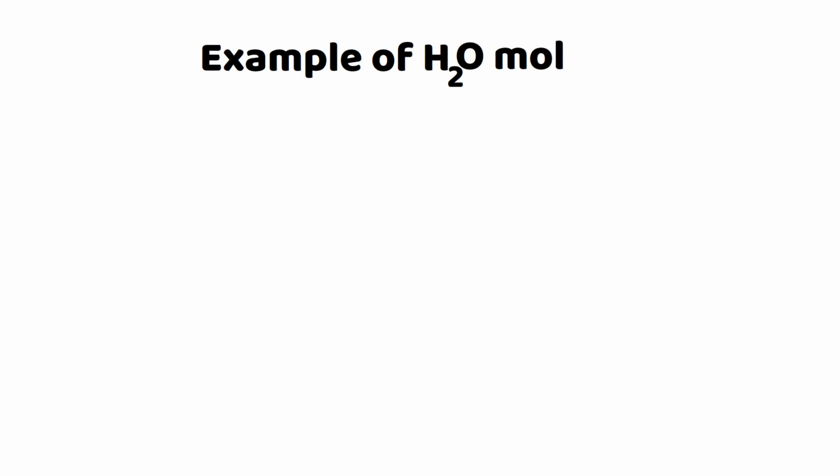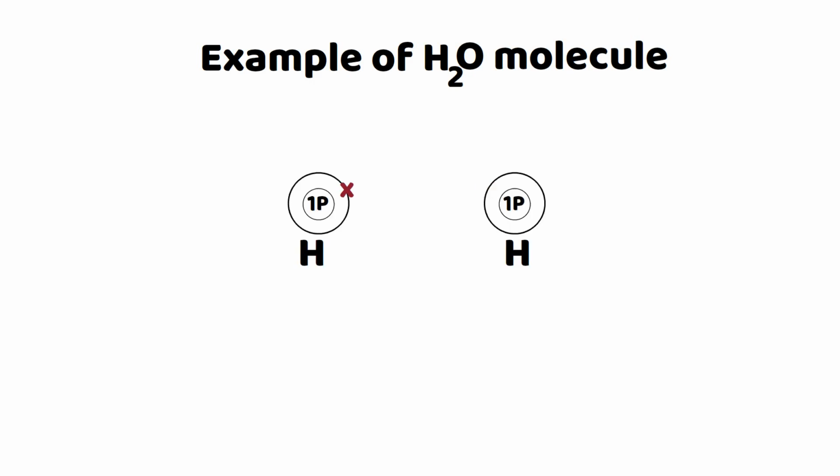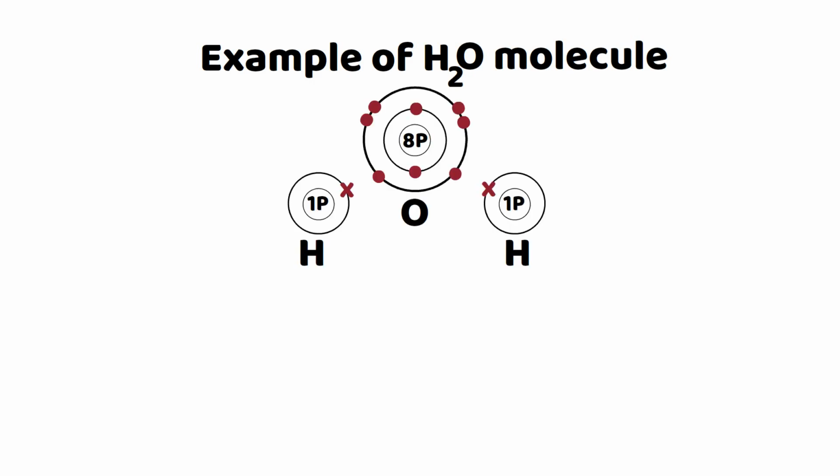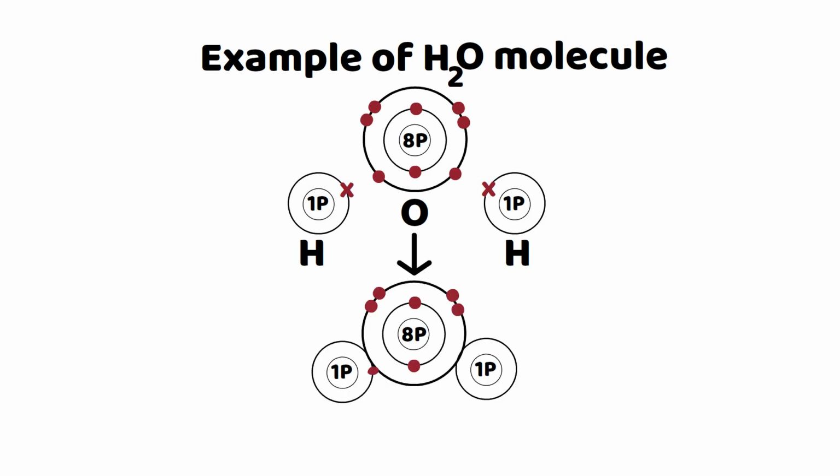Now, let's consider the example of H2O molecule consisting 2 hydrogen atoms and 1 oxygen atom. Individually, the 2 hydrogen atoms and 1 oxygen atom are unstable due to their incomplete last or valence shells. However, for stability, sharing of electrons occur between hydrogen and oxygen atoms, as you can see over here.